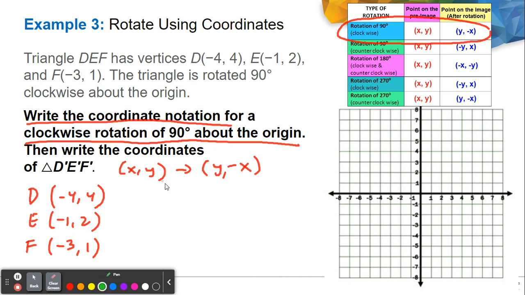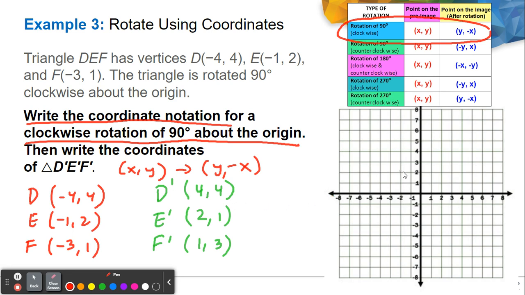Following the coordinate notation, the coordinates for D prime will be 4, 4. For E prime, 2, 1. And for F prime, 1, 3. That is how you apply the coordinate notation easily to find your answer.